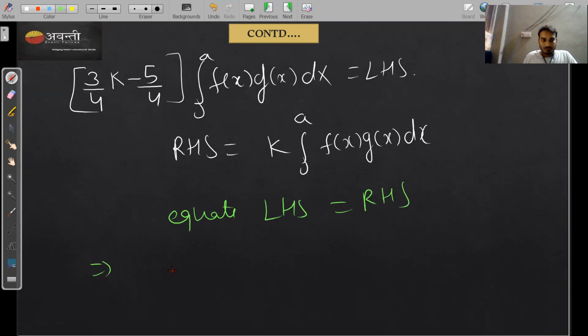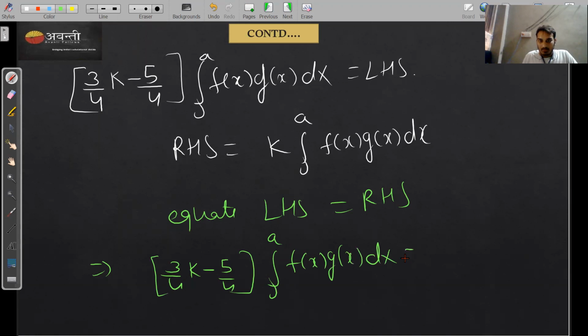It implies 3 by 4 k minus 5 by 4 integration 0 to a f of x, g of x dx is equal to k times, what is RHS? K times integration 0 to a f of x, g of x dx, right?